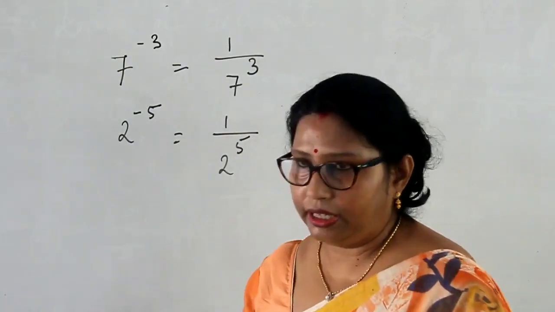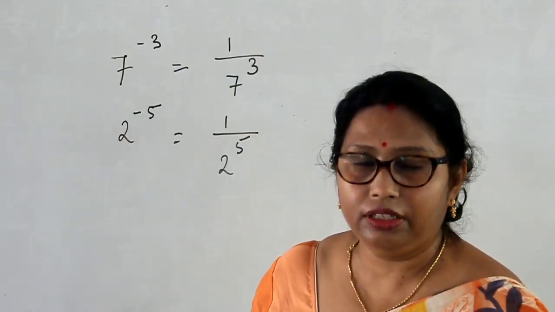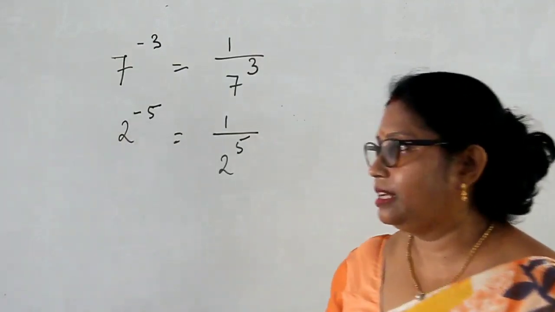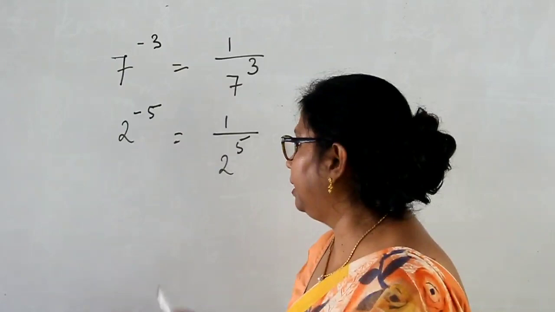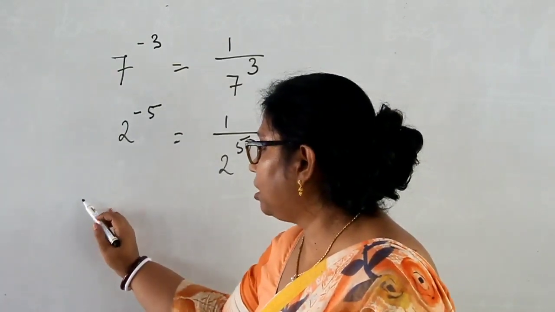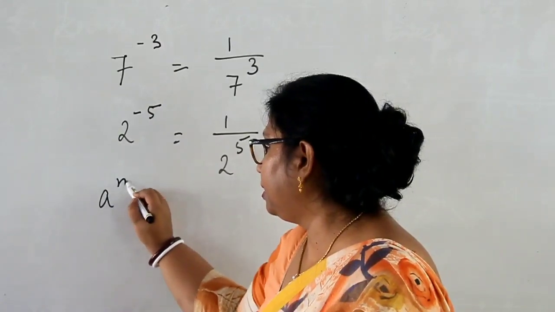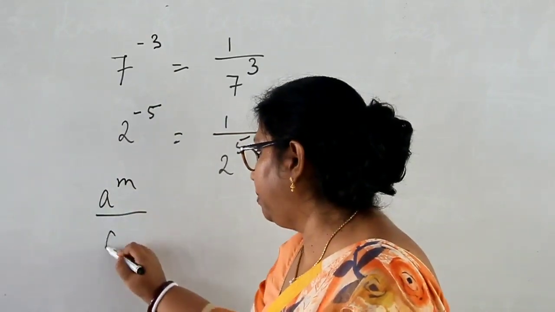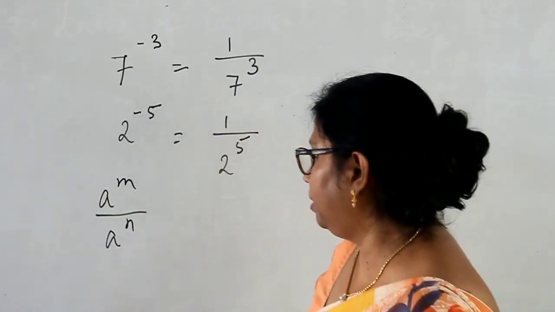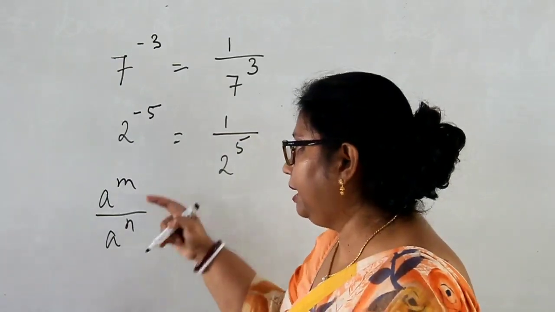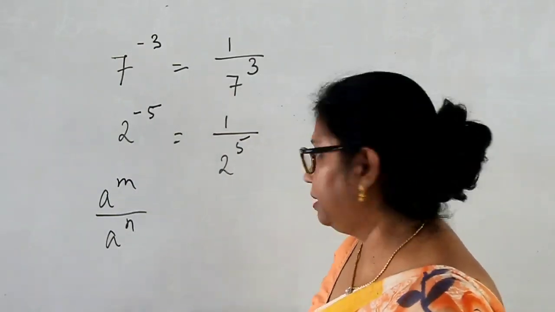Now a few more things which we are going to see about those exceptional things in the laws of indices, that a to the power m divided by a to the power n. If m is greater than n, what will happen?